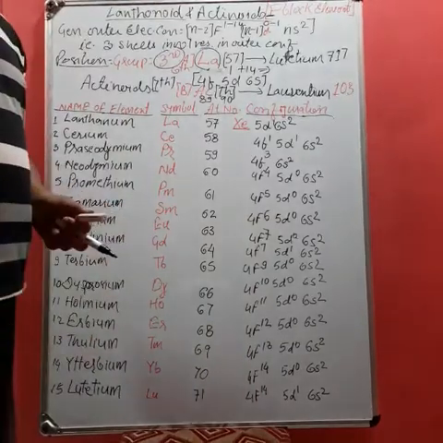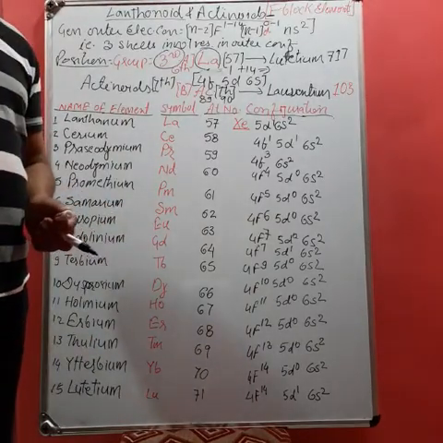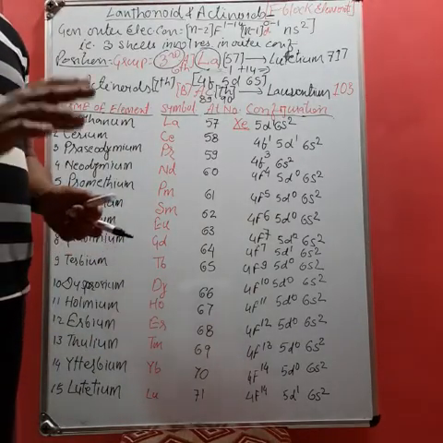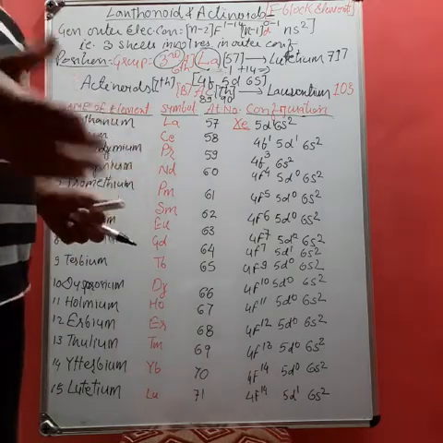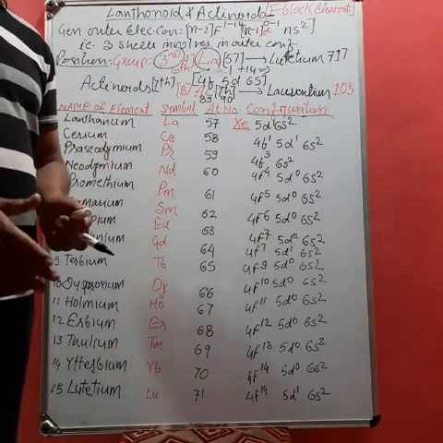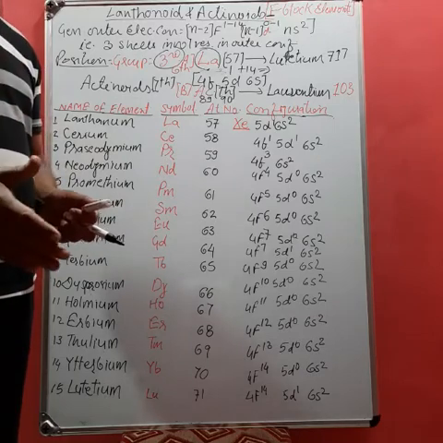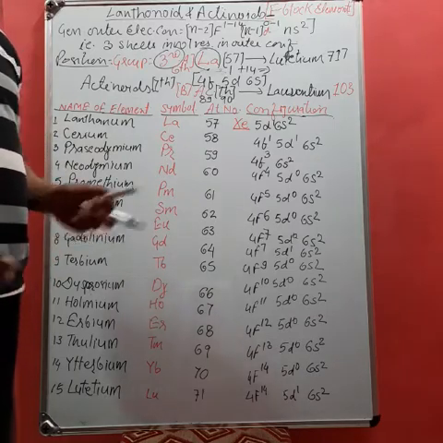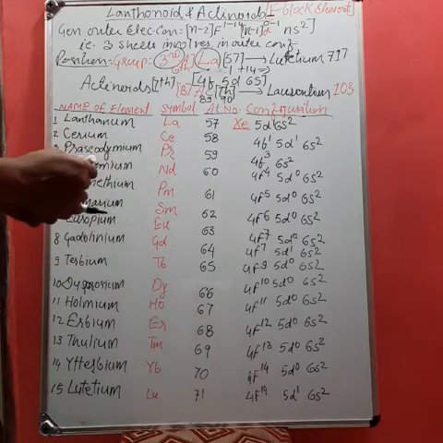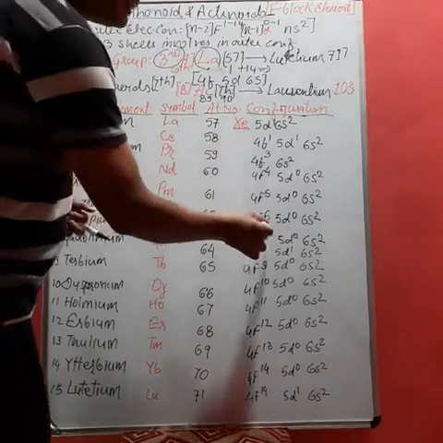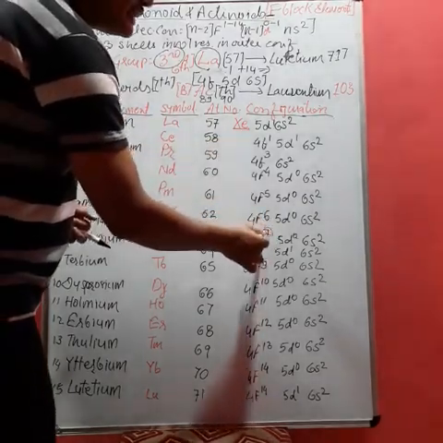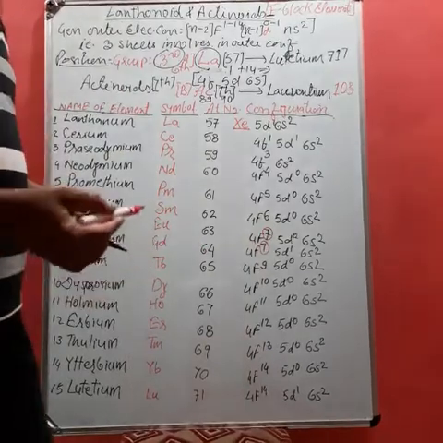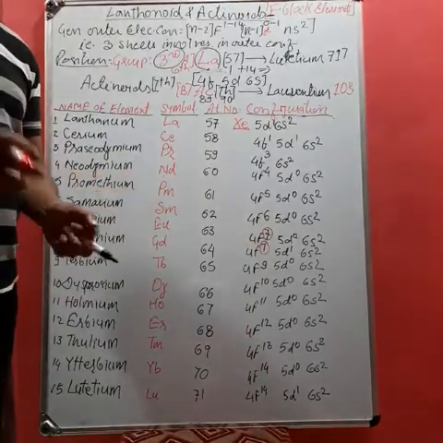Actually, the F subshell has 7 orbitals, and again the same phenomenon we discussed in transition elements applies, half filled and fully filled configuration. Due to this, sometimes the same number of electrons occupy all 7 orbitals.